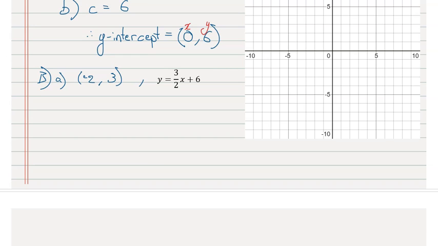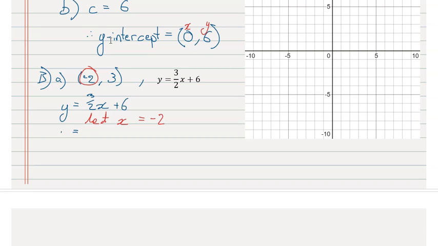So I'm going to say y equals 3 over 2x plus 6. Then I'm going to say let x equal negative 2.